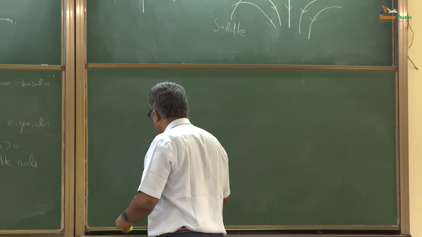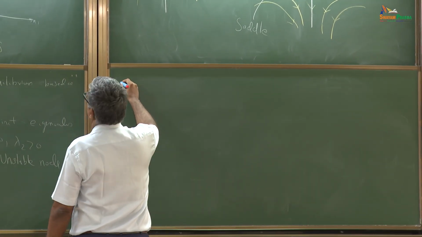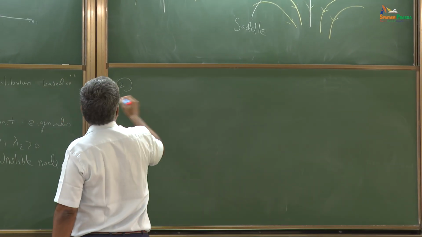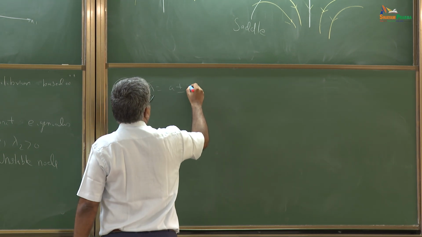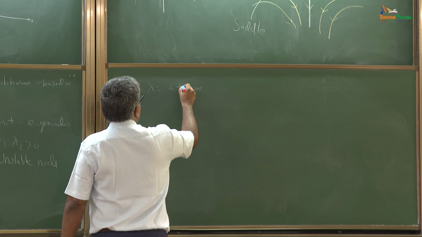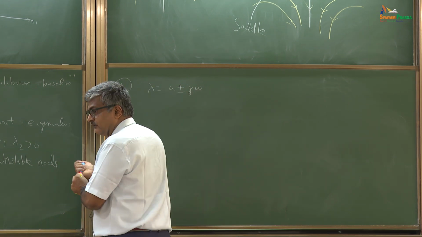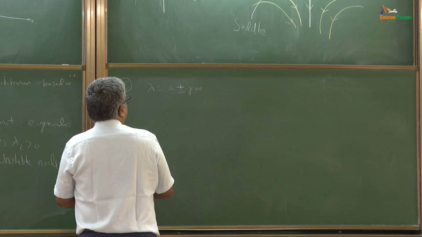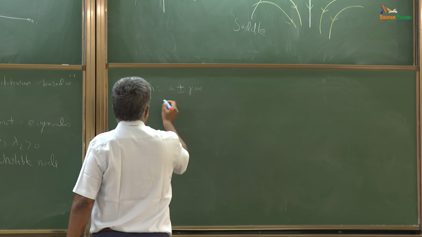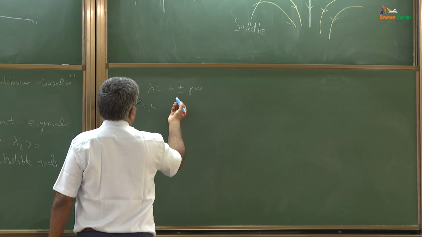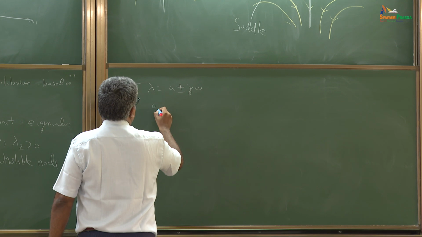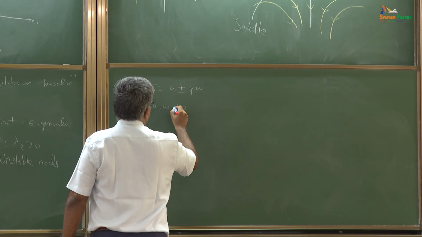Then the case where you have lambda equal to a plus or minus j omega. So it is a complex eigenvalue, with both a and omega not equal to 0, right?